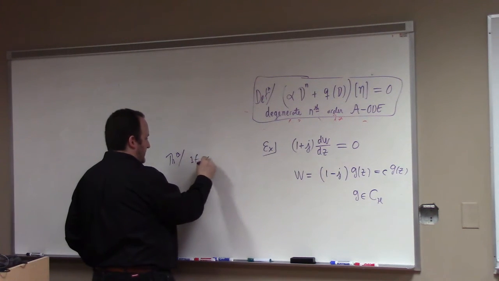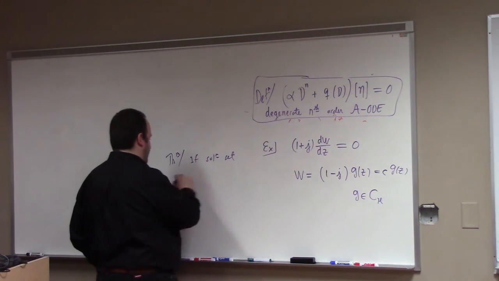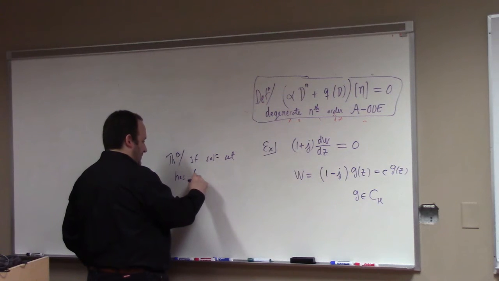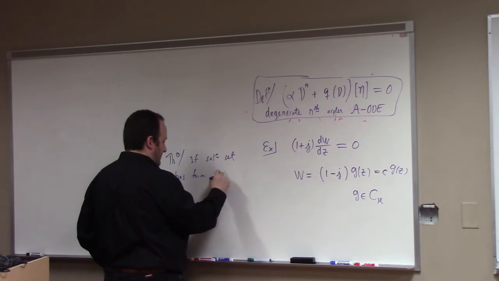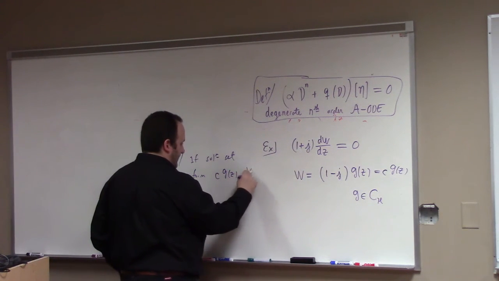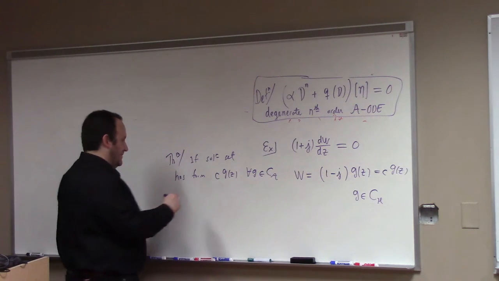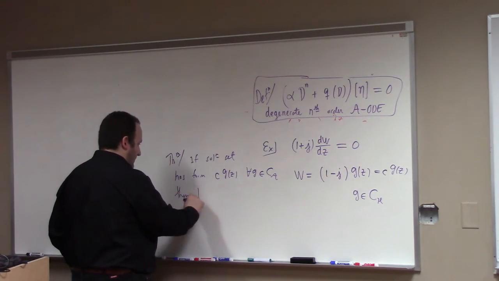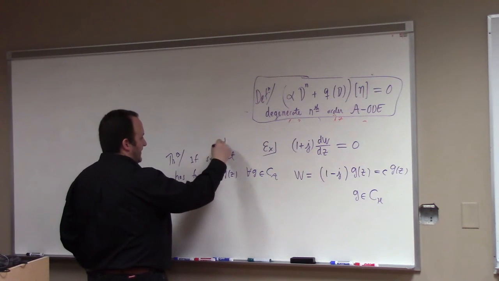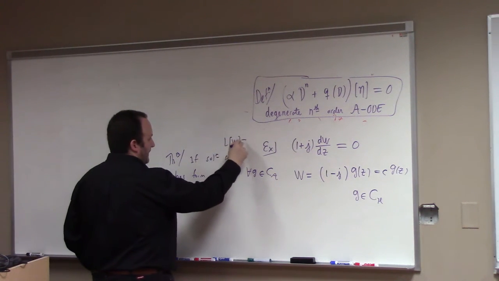If the solution set has the form c g of z for all g in CA, then it is in the solution set of L of W equal to 0.